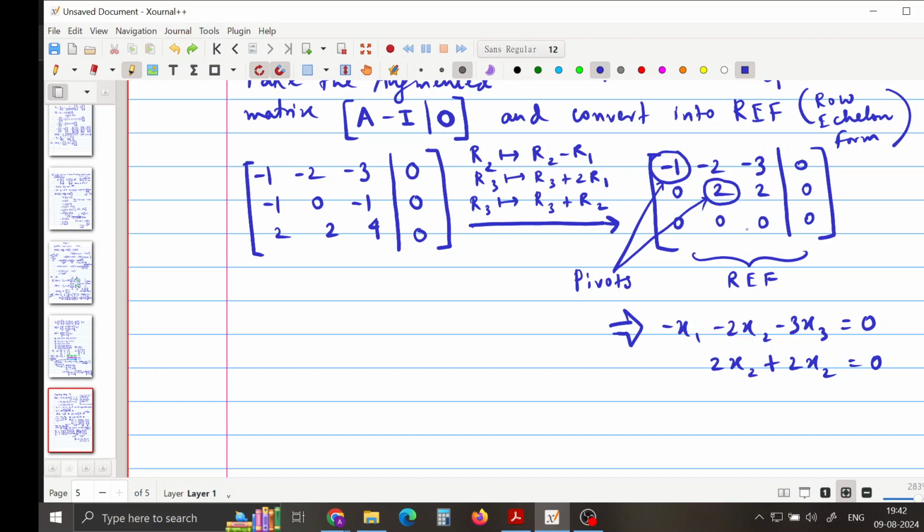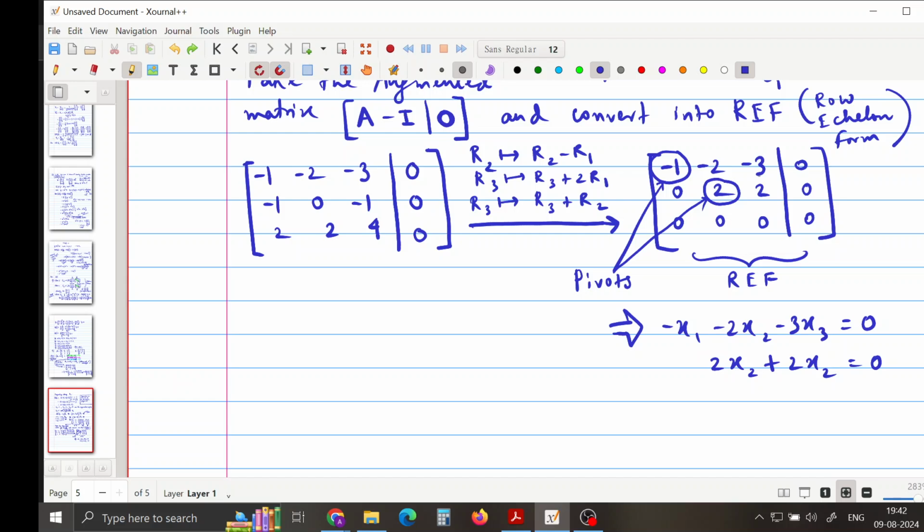How do you choose x3 as the free variable? Basically, you first observe the columns in which the pivots are located. The pivots appear in the first and second columns. The pivot columns are also known as the basic columns, and the variables corresponding to those pivot columns are known as basic variables. Since the pivot columns are columns 1 and 2, your basic variables are x1 and x2.